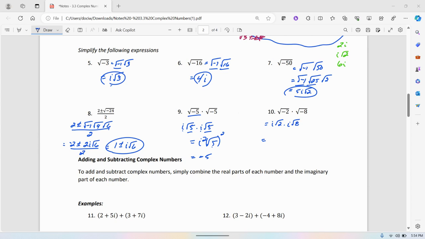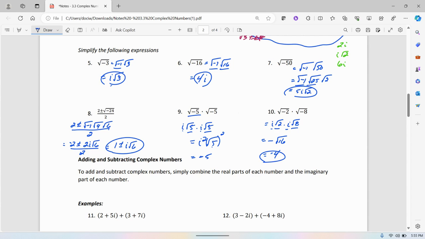I do know that i times i is i squared, which is a negative 1. I don't need the 1, I just need the negative. Then I have the square root of 2 times the square root of 8, which is the square root of 16. And the square root of 16 is 4. So this is just negative 4. So you are going to want to work on reducing the radicals.